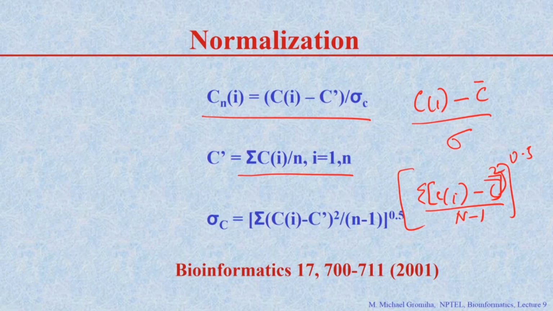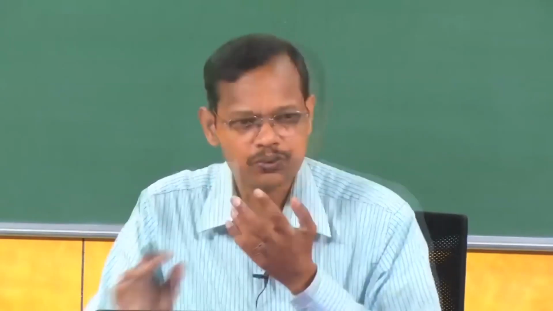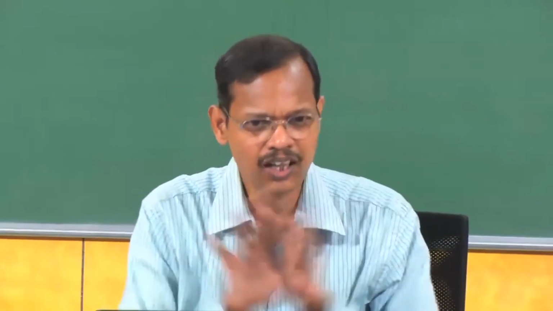So we use C of I minus C average divided by sigma, and then you get the normalization. In this case, you get numbers normalized with respect to 1. So you get negative or positive values with respect to this. Now this is the method to calculate the conservation score, and we have several algorithms available to get the score based on all these methods.